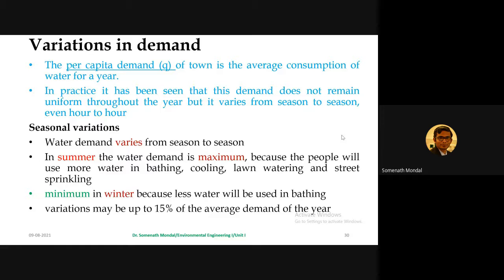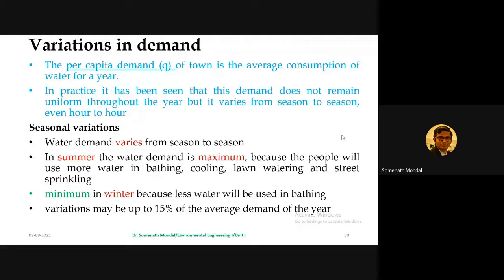If you take the annual average daily consumption, that would not depict the correct picture, and that is why we should be able to understand the maximum and minimum at the same time when we are calculating the annual average daily consumption.